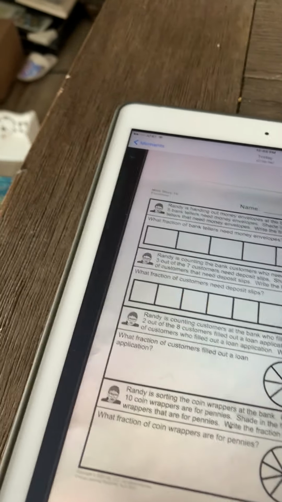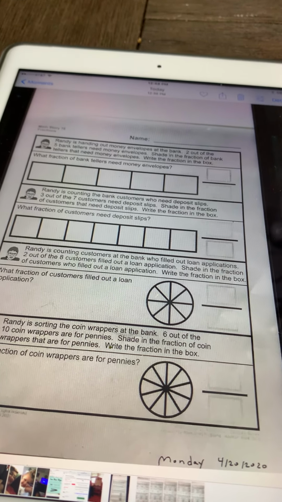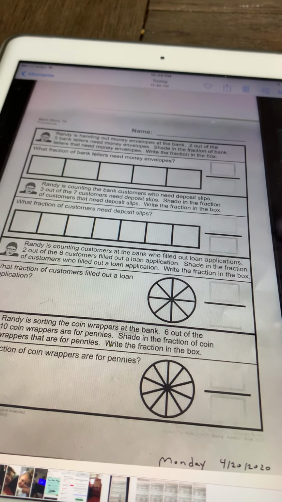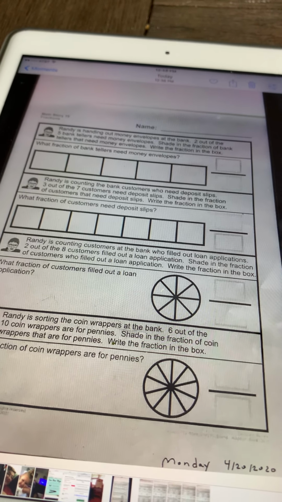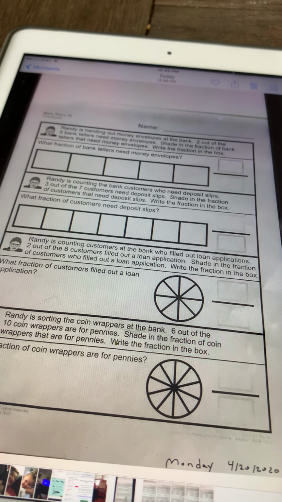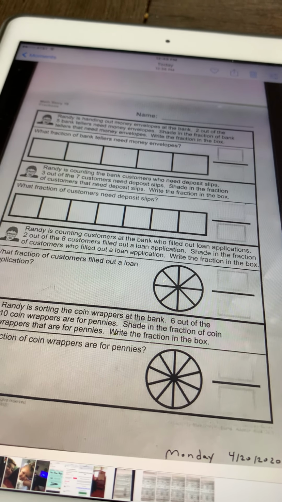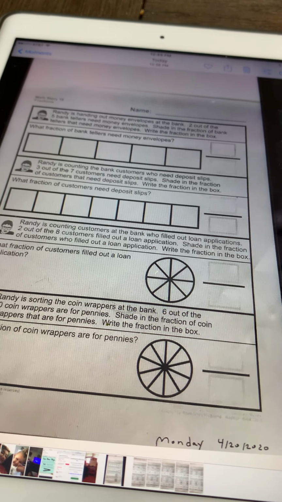Okay, and then we're going to go down to our next problem. It says Randy is counting customers at the bank who filled out loan applications. 2 out of the 8 customers filled out loan applications. Shade in the fraction of customers who filled out a loan application. Write the fraction in the box.